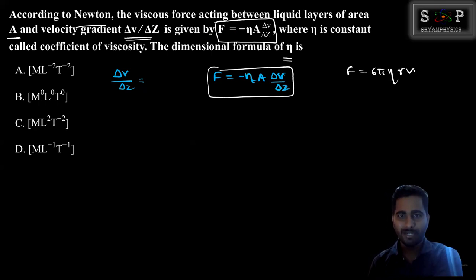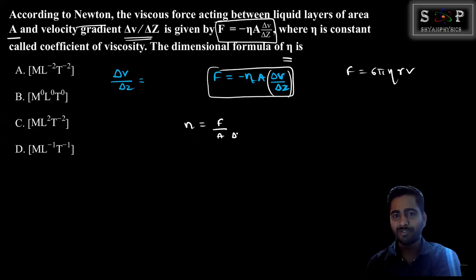From here also you may derive. Both will give the same answer. Here, eta is equal to force by area and delta v by delta z comes to here, delta v by delta z. For force, M L T to the power minus 2.